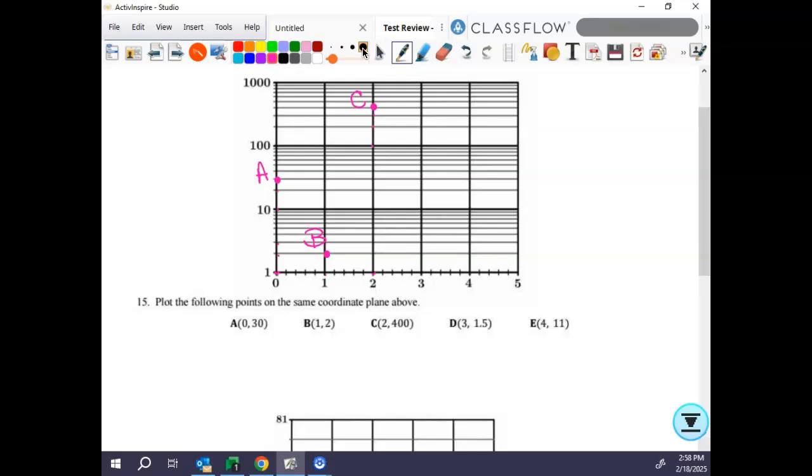3, 1.5. So here I am at 3. This is 1. This is 2. Now remember, 1.5 is not halfway, because it's logarithmically scaled. So 1.5 is actually closer to 2 on this kind of graph, so it would be somewhere right about there. Remember, this is going to be more of a multiple choice where you would have to make sense of it.